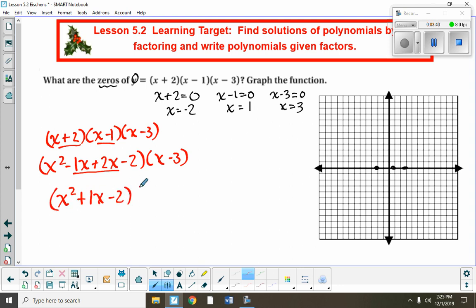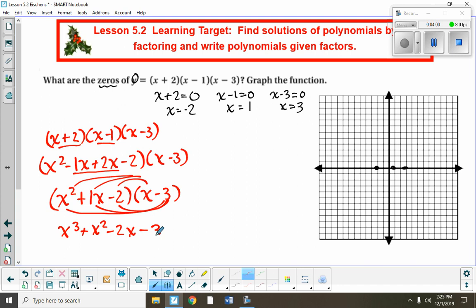Now we have to multiply that times x minus 3, so we'll double distribute. First, we're going to distribute the x through everything. So that would be x to the third plus x squared minus 2x. And then we'll distribute the negative 3 through. And when I say distribute, again, I mean multiply. So minus 3x squared minus 3x plus 6.